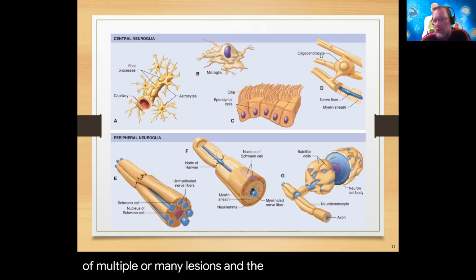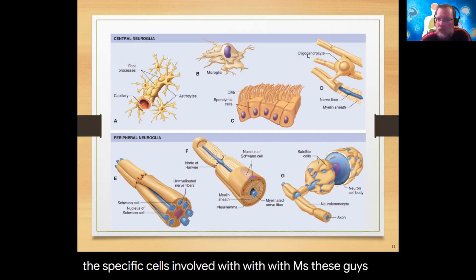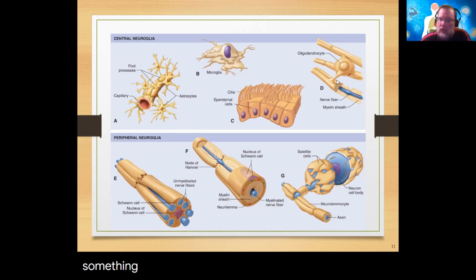The oligodendrocytes are the specific cells involved with MS. For whatever reason, they say it's an autoimmune disease. Something triggers these cells to basically go on strike in certain areas, and so they cease production of myelin.